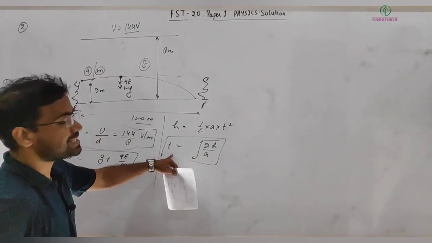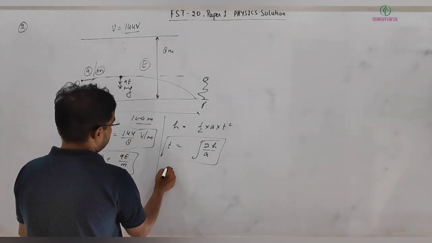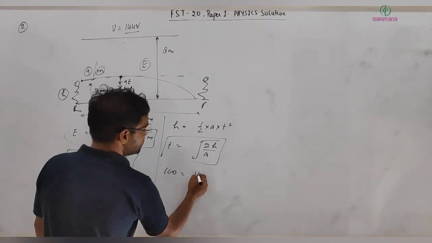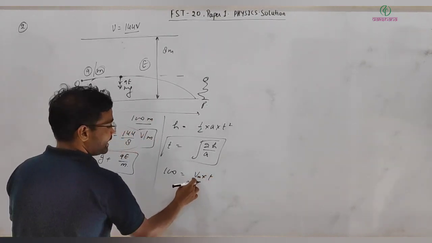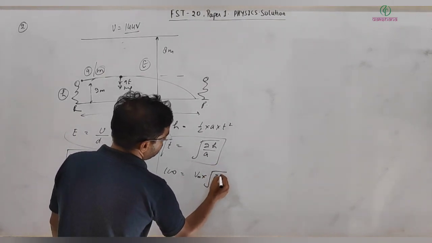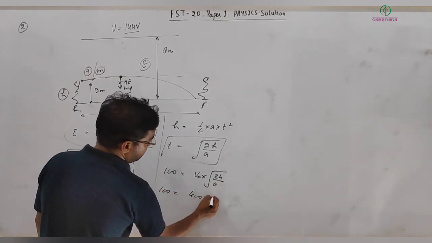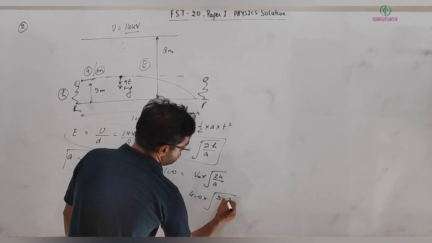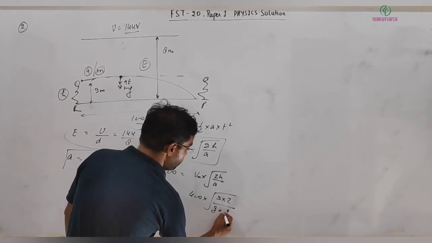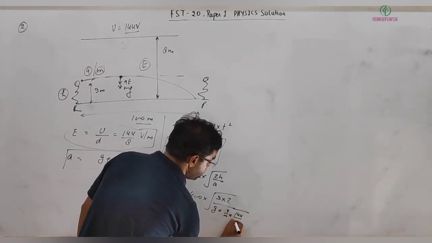By this time it should cover just a distance equal to 100 meters. So 100 meters should be equal to its muzzle velocity multiplied by t, which is given as 400. Substituting t as under root 2h by a, we get 100 equals 400 multiplied by under root of 2 divided by a, where a is g plus q by m into E, and E is given as 144 divided by 8.